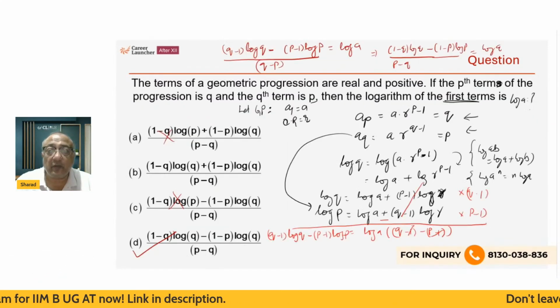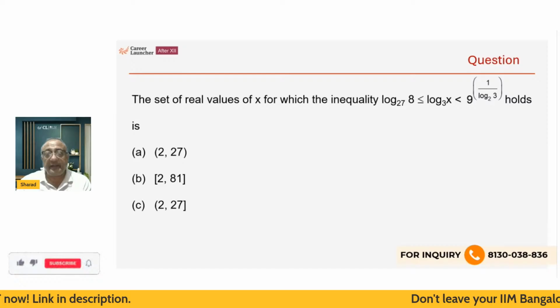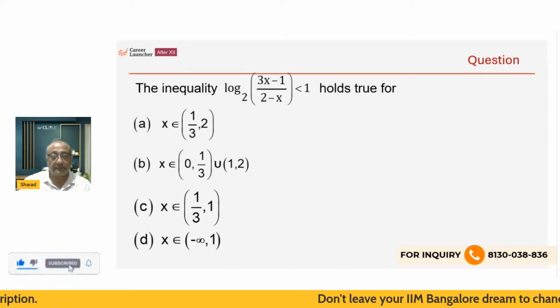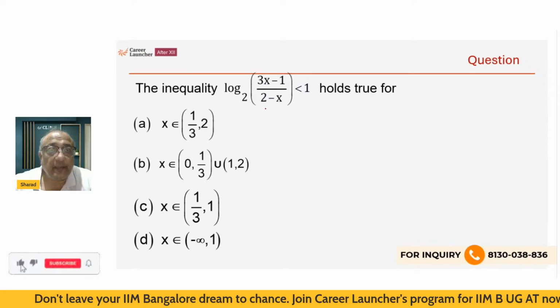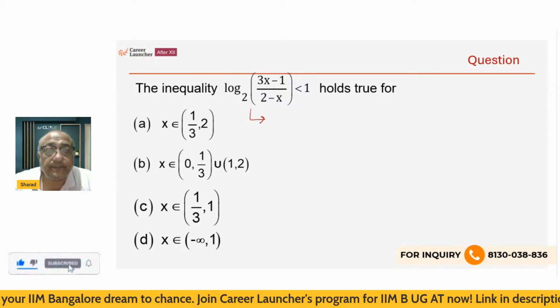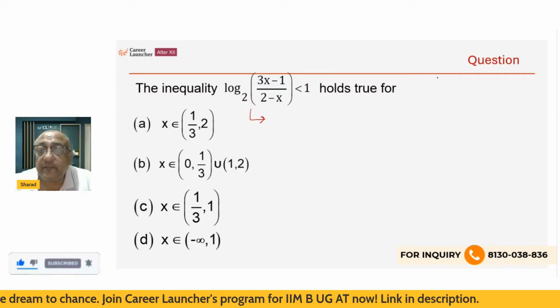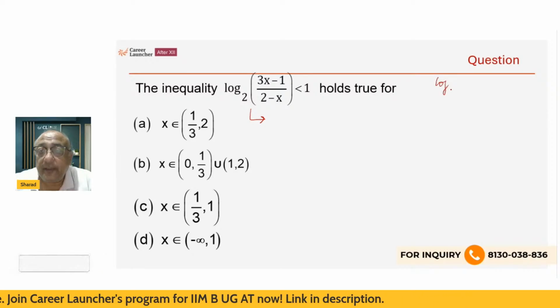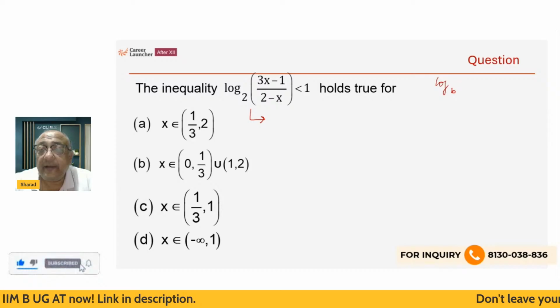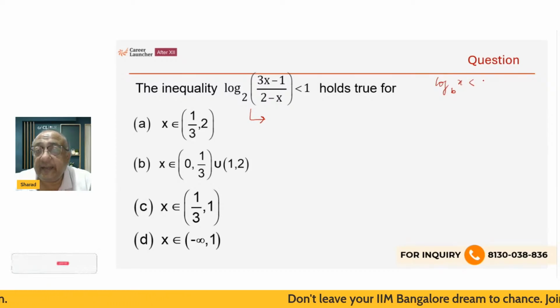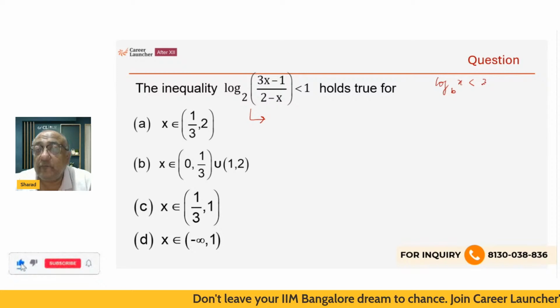Let me now solve one inequality question for you. Let us solve this question. This is a tough question, but okay, let us solve it. First of all, the concept. If this is base b and written here is x less than, let's say, 2 for the time being.